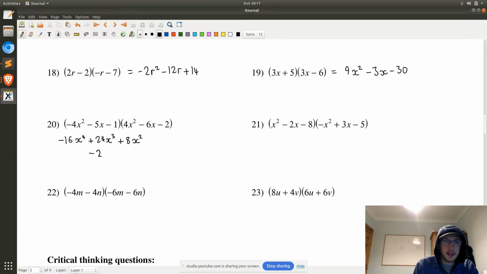So negative 20x cubed plus 30x squared plus 10x. Now multiply through by negative 1. So negative 4x squared plus 6x plus 2. And sum.